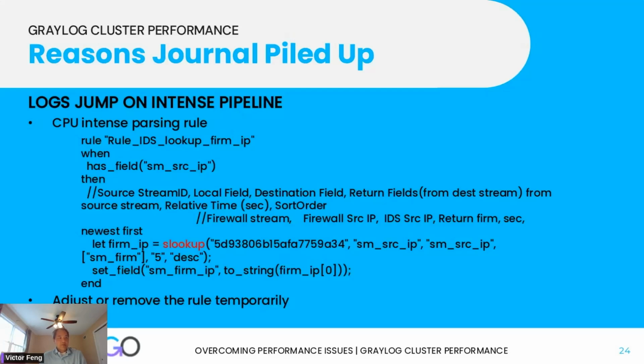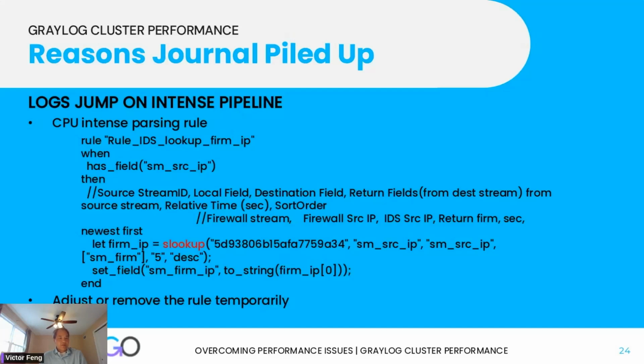Here, in our example, it is our firewall stream. The first field, SM source IP, is the field in the source stream. And the second field, SM source IP, is the field in the current stream in your pipeline.